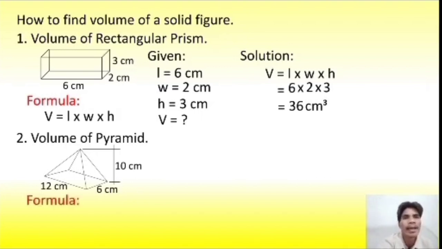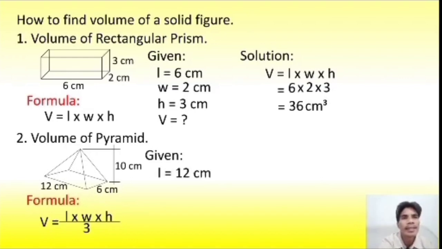The formula, we have volume equals length times width times height divided by 3. So, given the length is 12 cm, the width is 6 cm, the height is 10 cm, then volume, question mark.